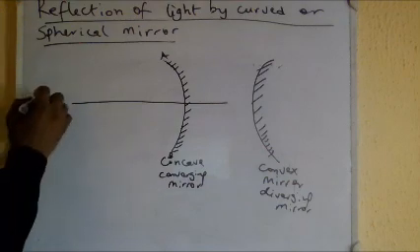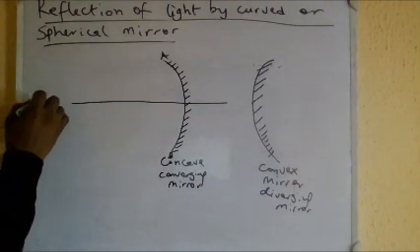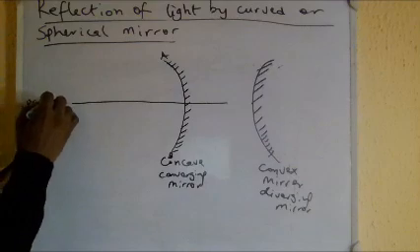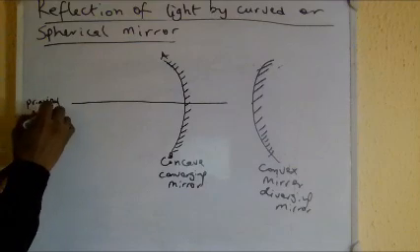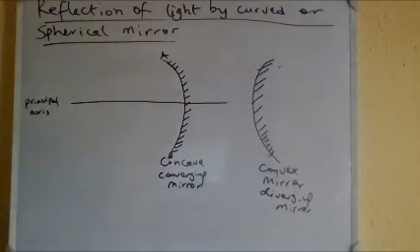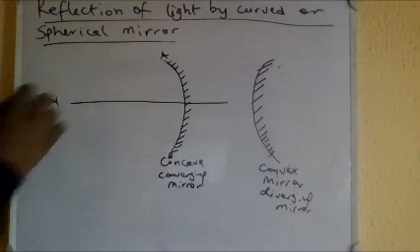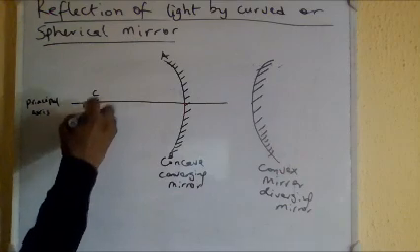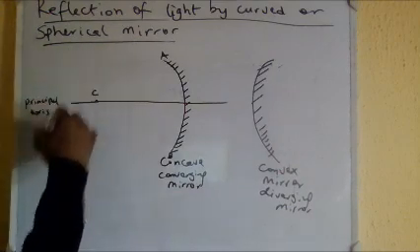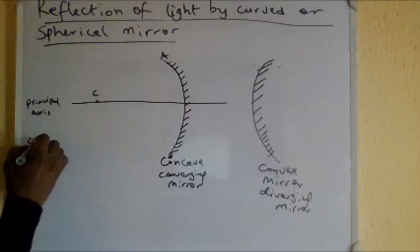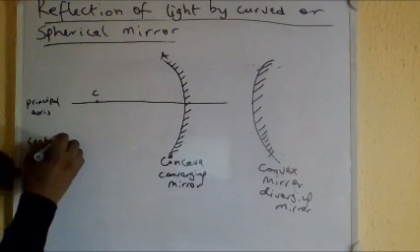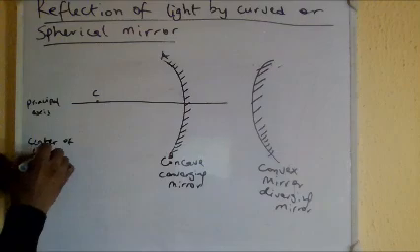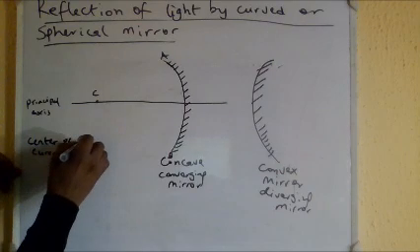It is just an imaginary line that runs through the mirror. Then you have a point here on this principal axis called C, and it is called the center of curvature. That's C, labeled here.